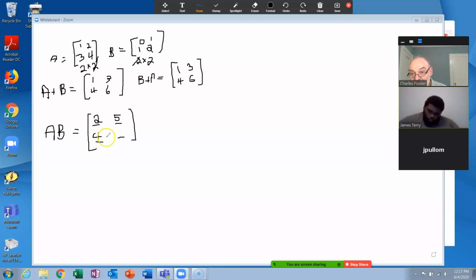Okay, this entry here is the second row, second column. So we take second row of A, 3, 4, times the second column of B, 1, 2, and add up the products as you go. 3 times 1 is 3 plus 4 times 2 is 8, and 3 plus 8 is 11.